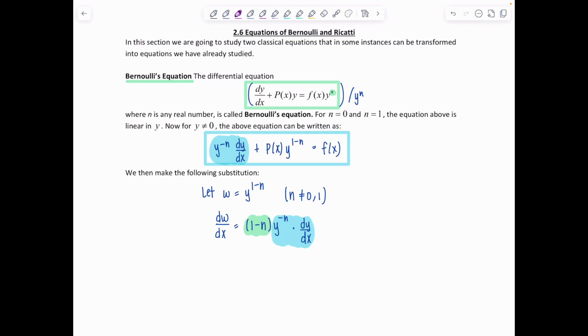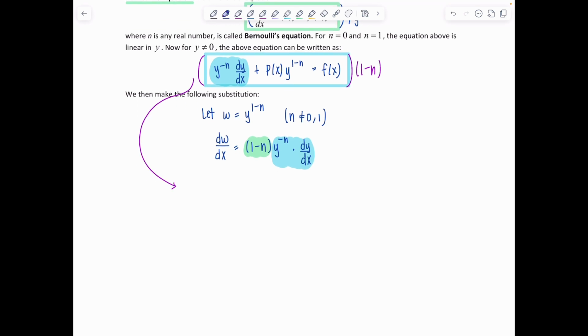So I'm going to multiply this entire equation here by 1 minus n. And then now let's see what's going to emerge. So we have here (1 minus n) y to the negative n dy/dx plus (1 minus n) times p(x) times y to the 1 minus n equals (1 minus n) times f(x).